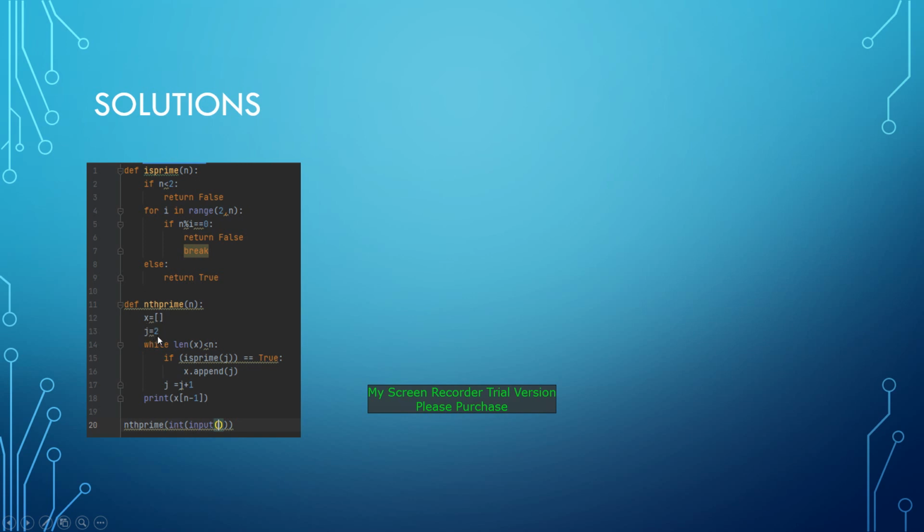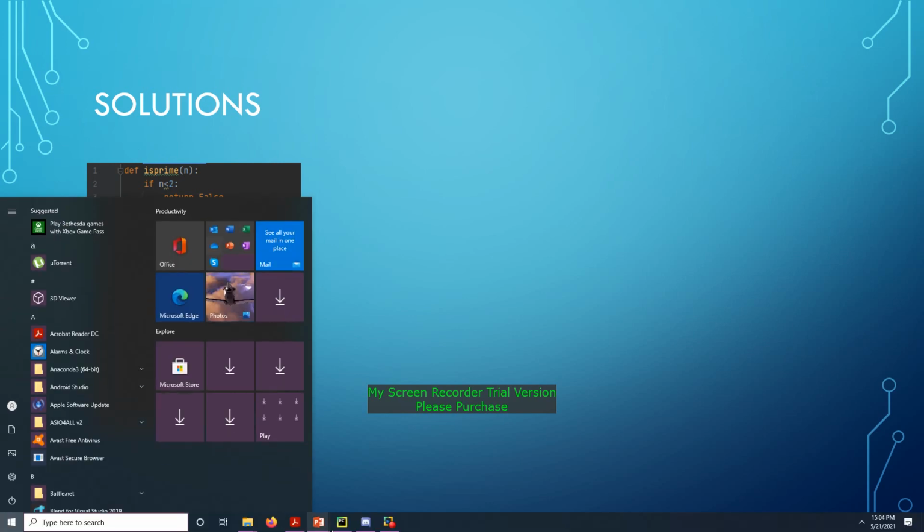I started with a 2. And then while the length of my list is smaller than the number we inputted, for example, if we want the 10th prime, so while the length is smaller than 10, then I run my is_prime function.